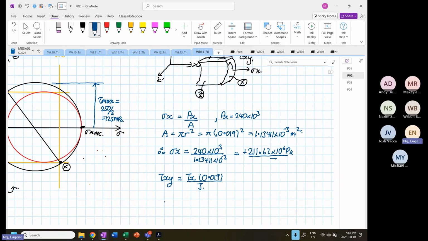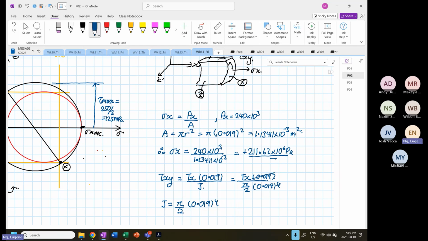So J is equal to pi over 2 multiplied by 0.019 power 4, right? So if we were to substitute that in, this is Tx over 0.019, okay? And then you have pi over 2 multiplied by 0.019 power 4.